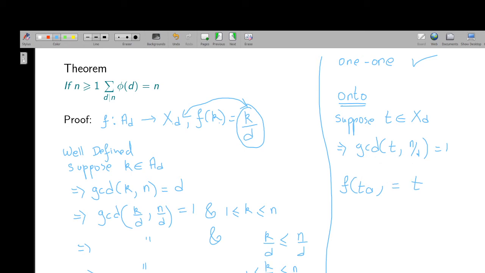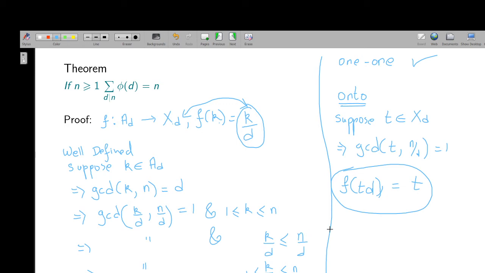But for this to be true, because f of td would be td upon d, which will give you t. But for us to be sure of this, we should know that td lies inside A_d. We should be able to say that td lies inside A_d, which is not so difficult to see, because gcd of t and n by d is 1.